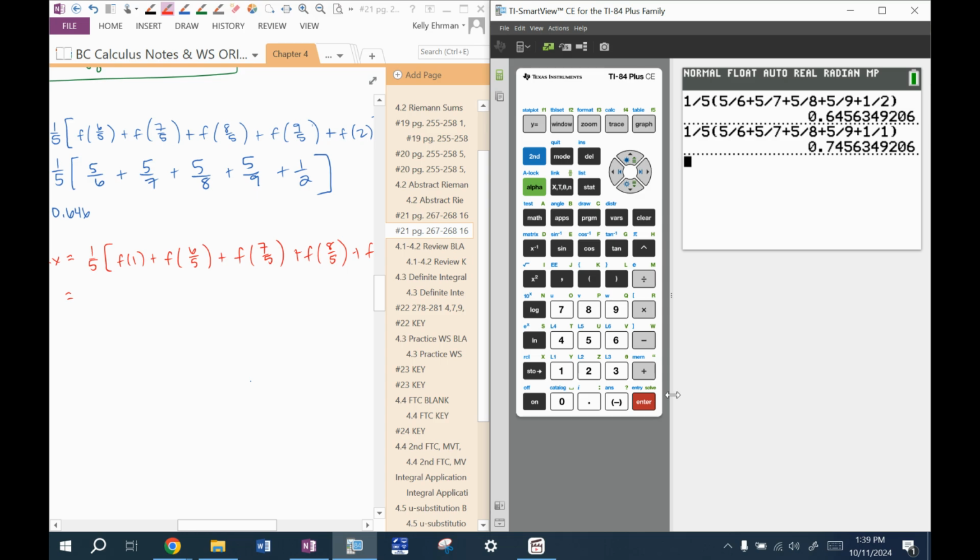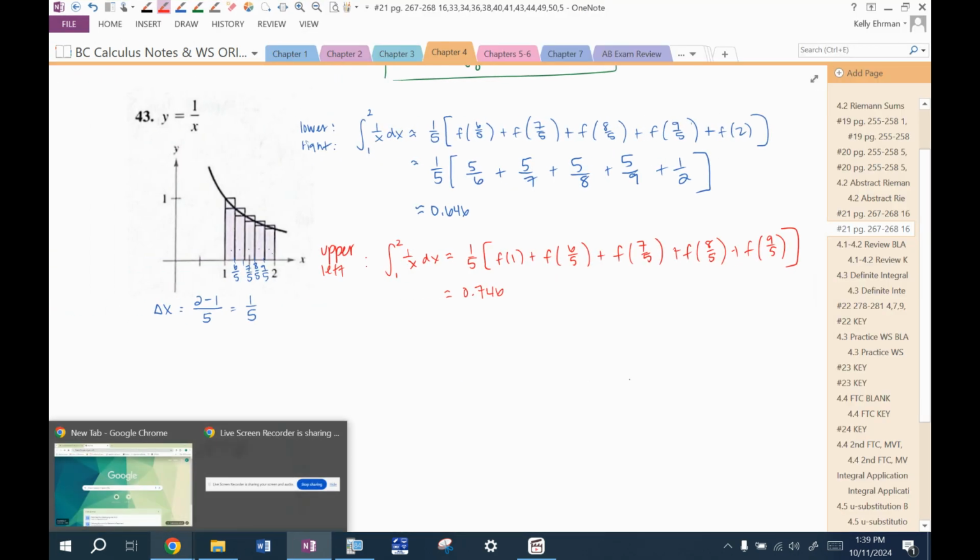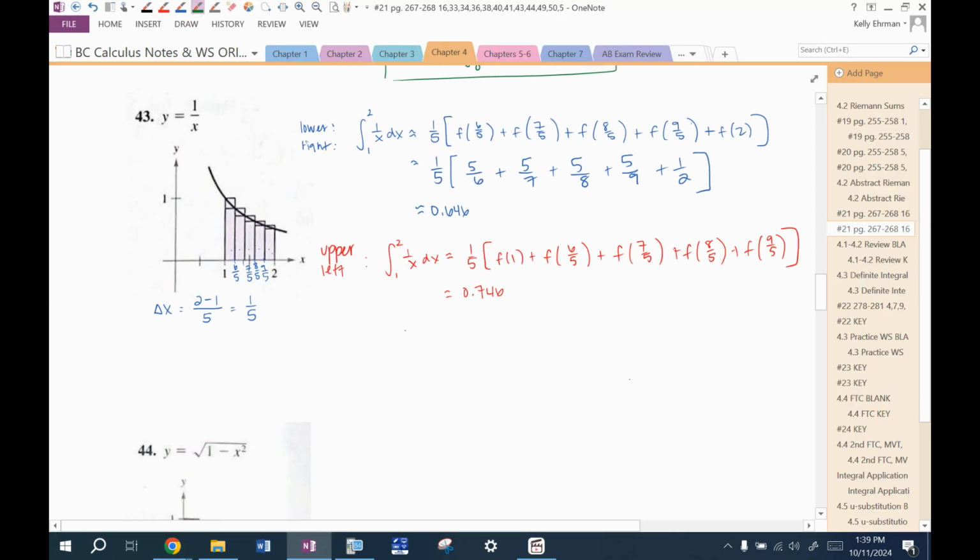That gives me 0.746. Okay, and that's my bounded region then. So 0.646 is less than the actual value of the integral from 1 to 2 of 1 over x dx, which is less than 0.746.